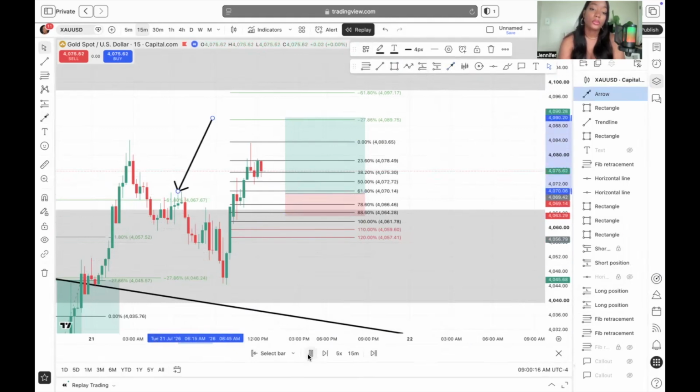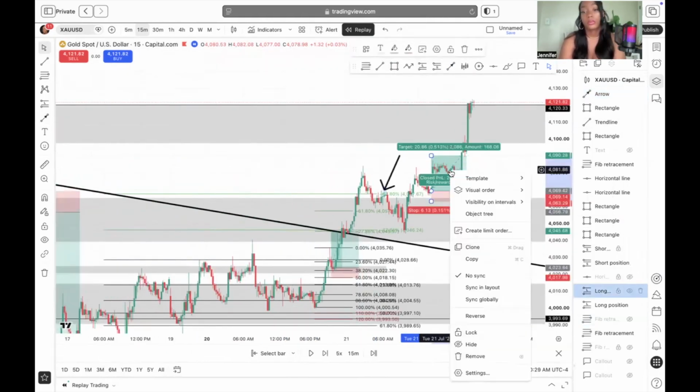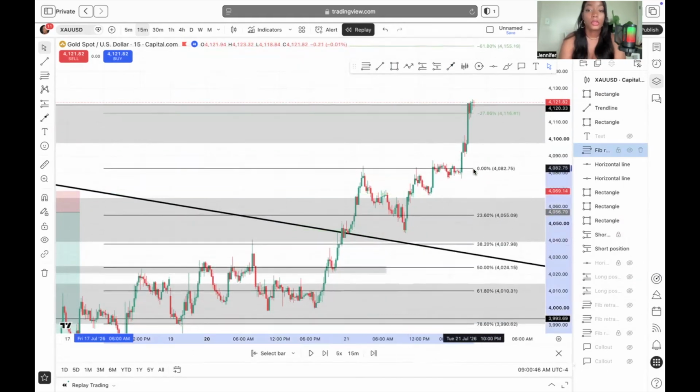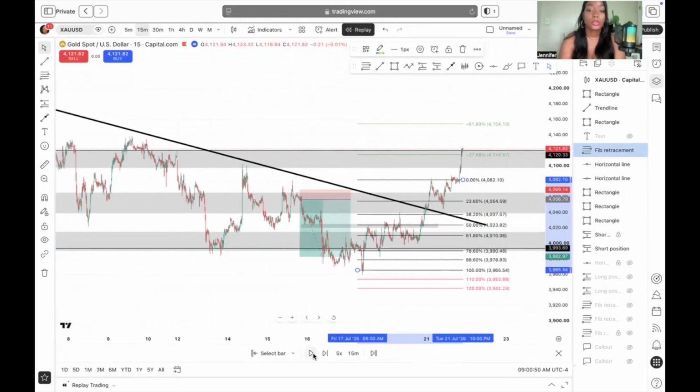This is your retest entry. Take it to your 27 TP. Okay. Now we did shoot up higher to the 61.8. I'm going to hide all of this and then we come here like this and we shot up to that 61.8. Okay.